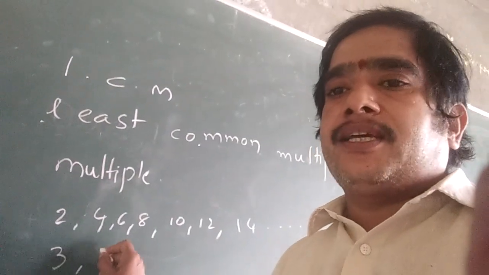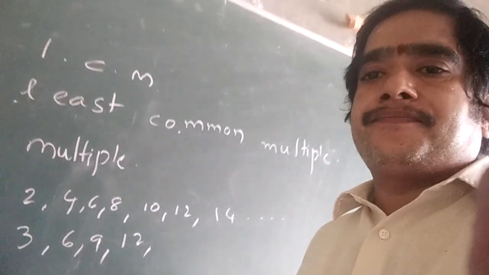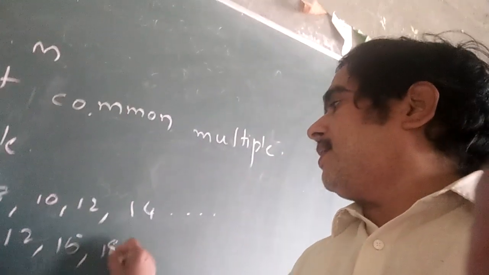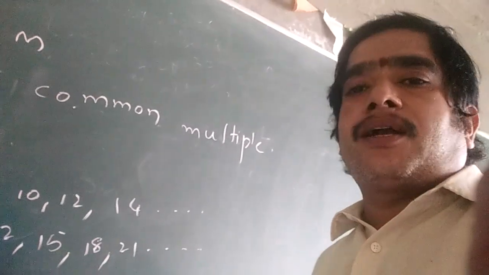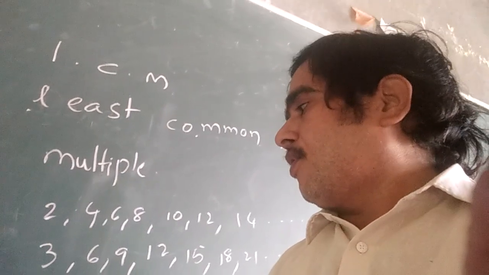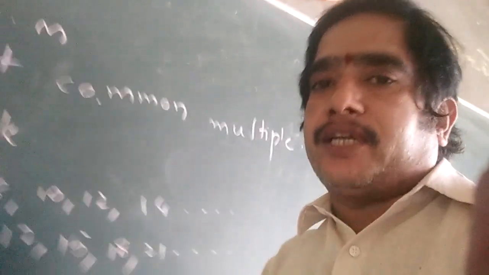For 3: 3, 6, 9, 12, 15, 18, 21, these are called multiples of 3. In a similar way, you can write multiples of 4, 5, 6, 7. That is your homework.